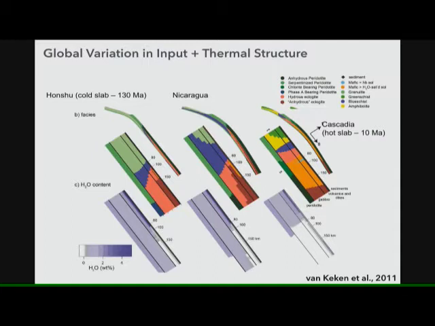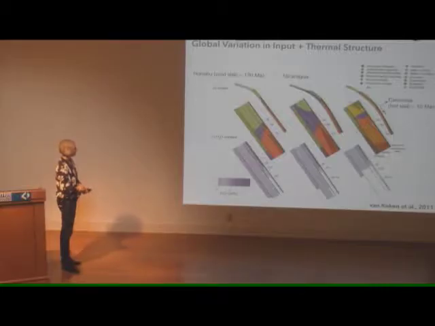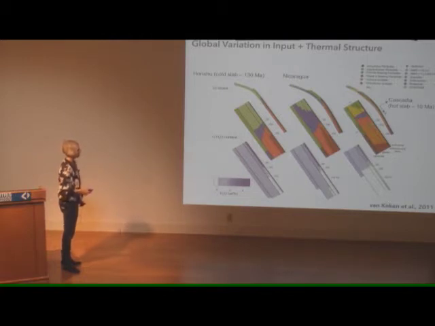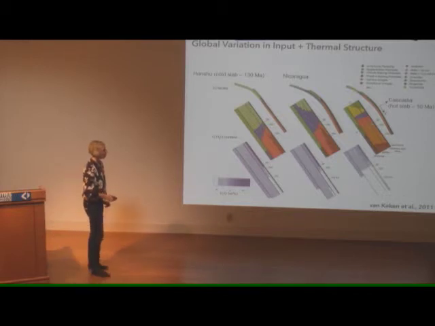And then, of course, we have the additional complication of variations in the thermal structure. So those might be things that cause changes in the temperatures and water contents of melting. So I'm putting up our nice figure from the paper with Peter that shows here for a much colder subduction zone the water content as a function of depth, the lithology as a function of depth with the key up here, and moving towards a very warm subduction zone like Cascadia, and the water as a function of depth here.